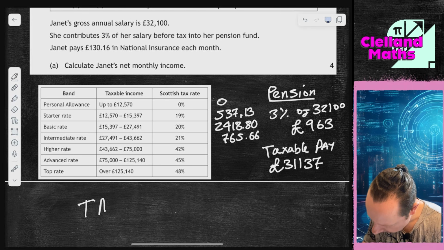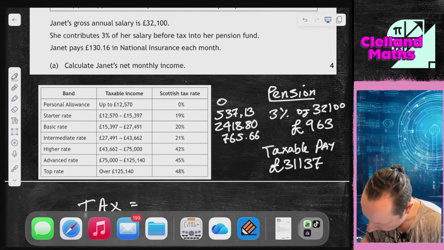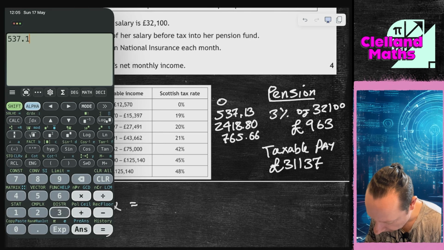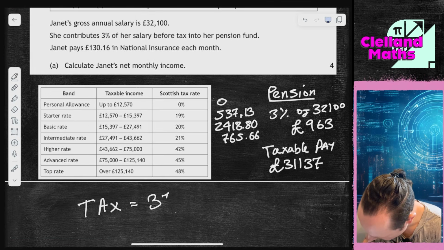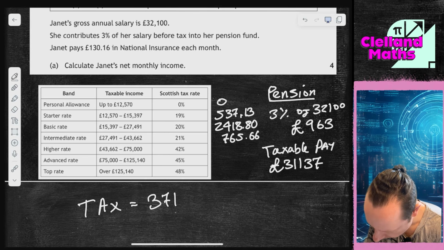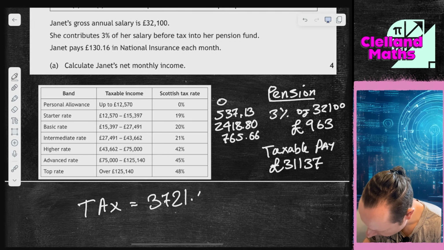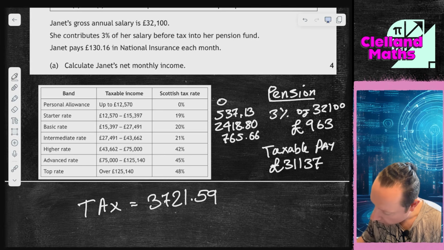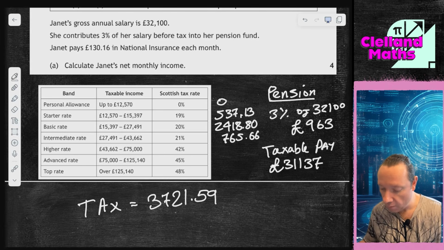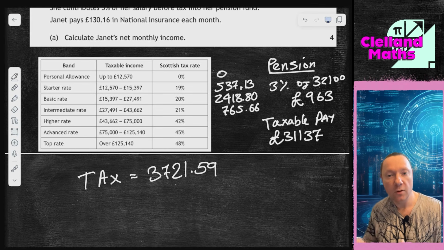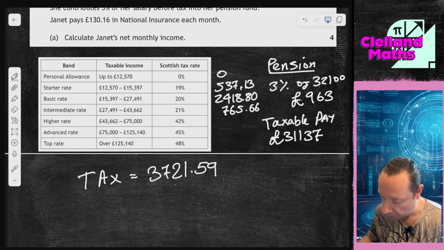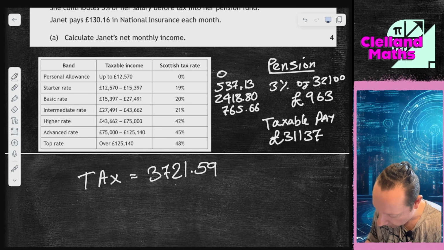So the total tax, we can just add them up. 537.13, 2418.80, 765.66 is 3721.59. So there's my tax. We've already got our pension. Now, the national insurance is quoted monthly. You could take everything off and divide by 12 and take off the national insurance. I prefer to do everything annual and then divide by 12. It's just me. So the tax for that's the annual tax.